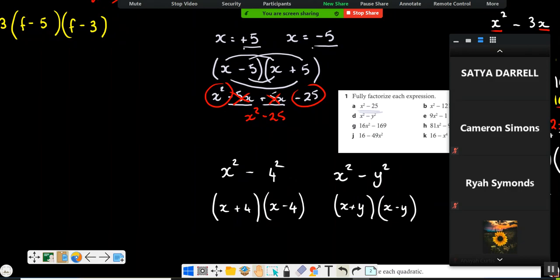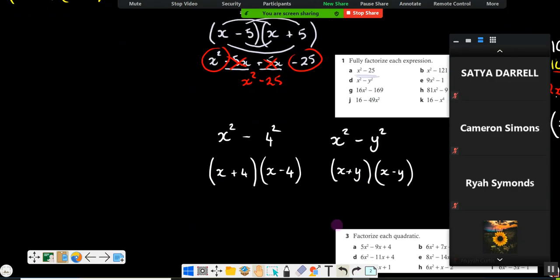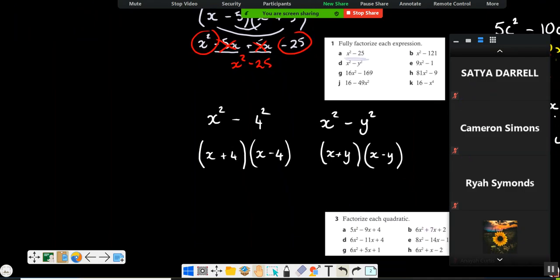Good, makes sense. Just to finish off, because I'm going to ask you to do a few more. What about ones like 16x squared minus 169? Do you know what the square root of 169 is? It's 13.